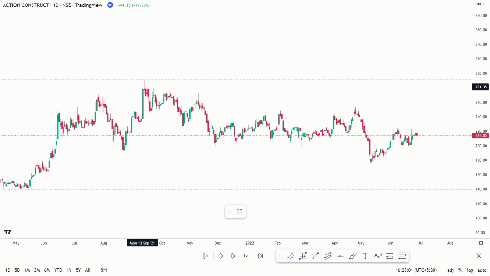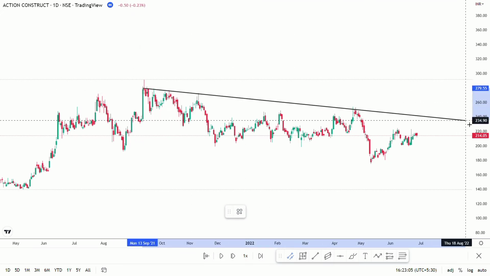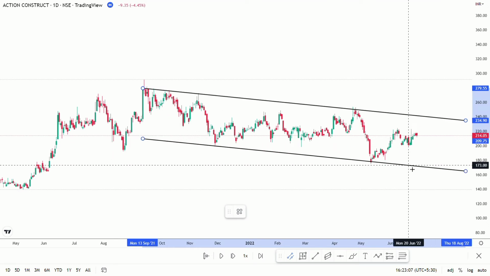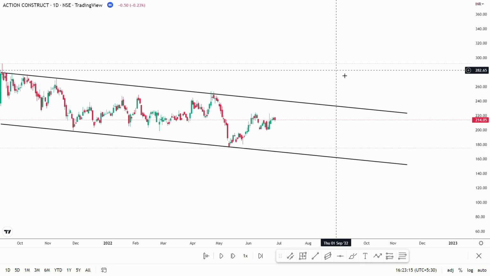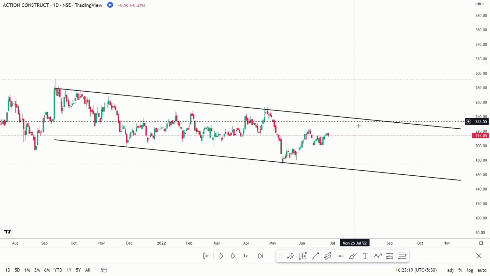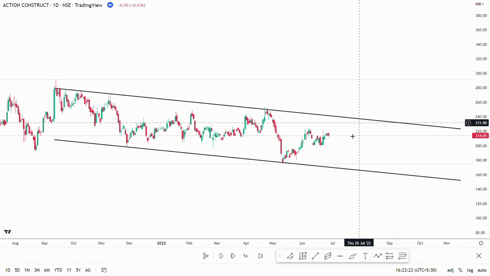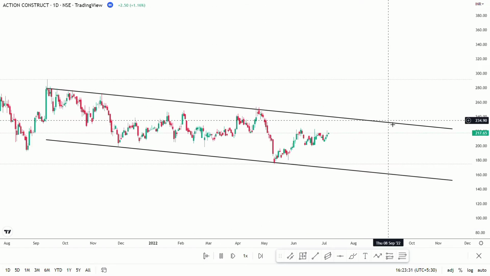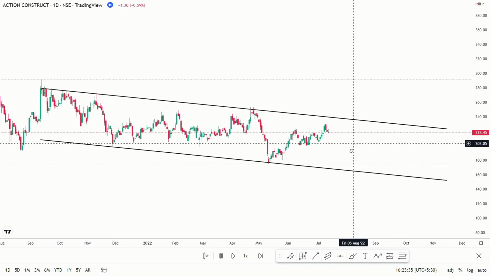So at this point the stock is forming a channel pattern like this. My simple trading plan is to enter at the breakout point, where the stock breaks this channel pattern. Let's see where the stock has broken out.